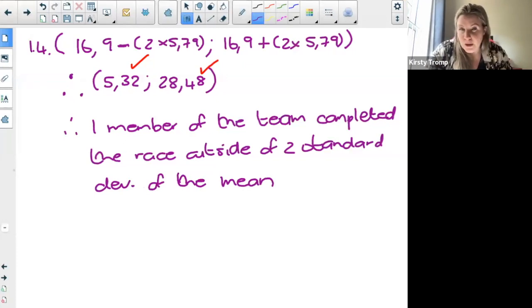So I got 1 person that completed the race outside of 2 standard deviations of the mean.